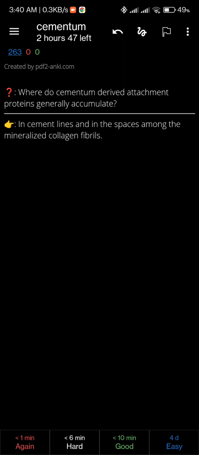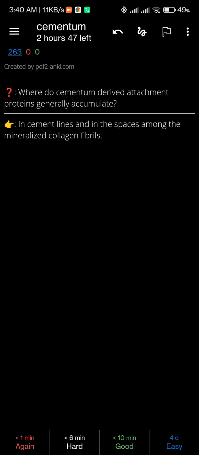They generally accumulate in cementum lines and in the spaces among the mineralized collagen fibers.